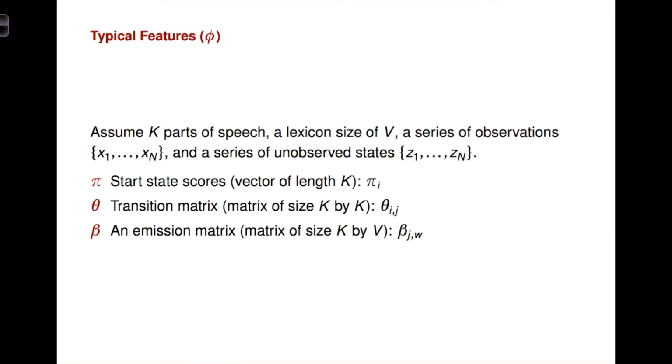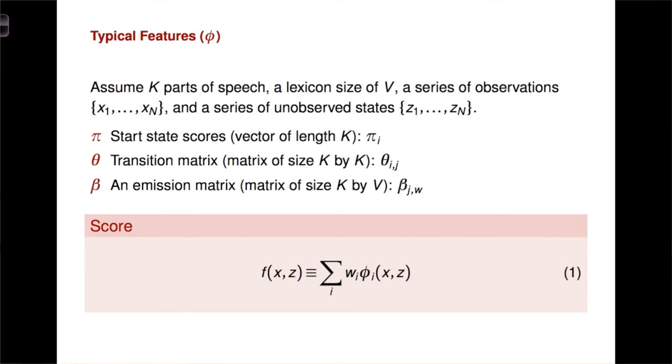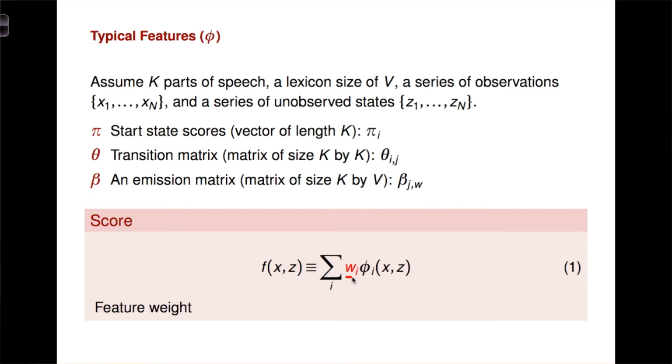So we can think about 3 different classes of features, and we want to find the part of speech sequence Z that maximizes the score, and the score is just the sum of all of these features. For each feature that we observed, it will get a weight that scores how useful this is to a tag sequence Z. And then we have this other function, phi, that just says, is this feature present or not?